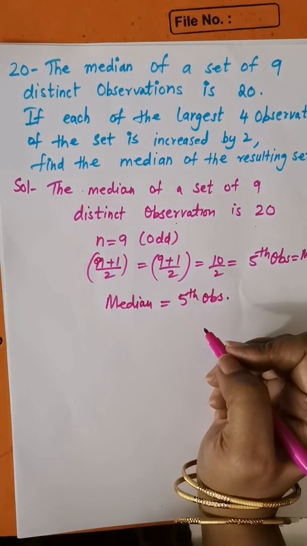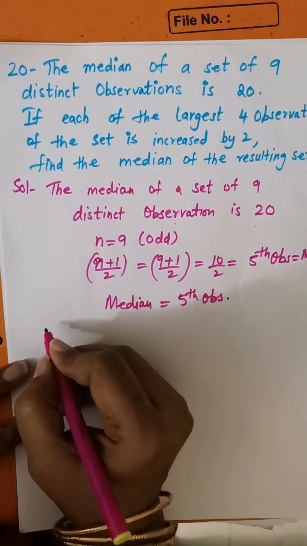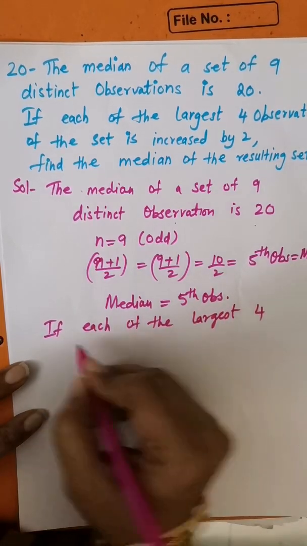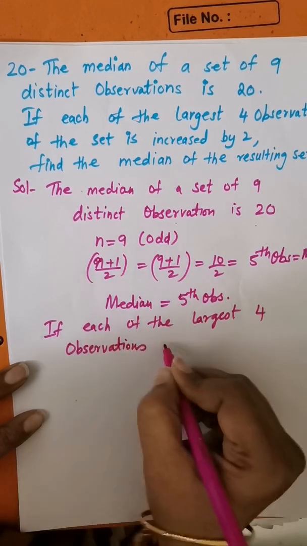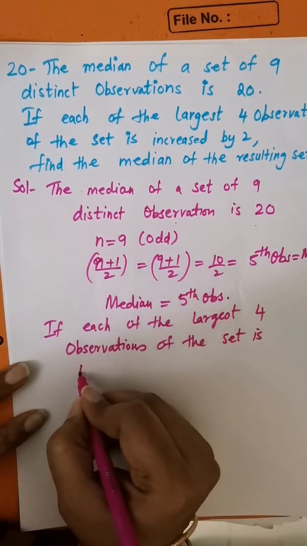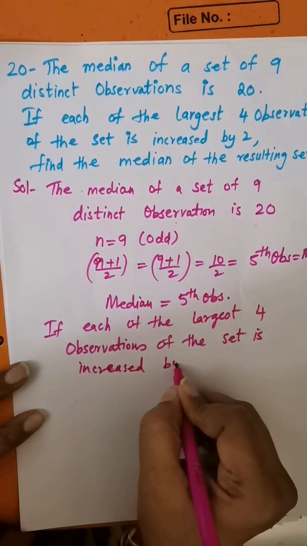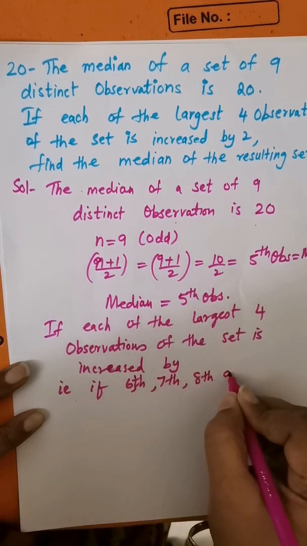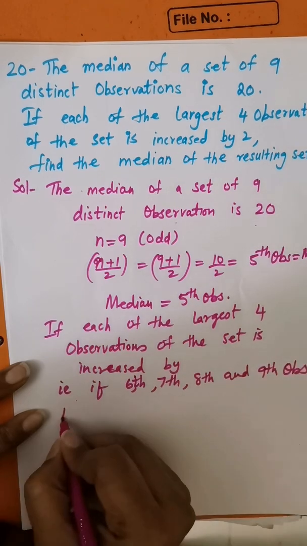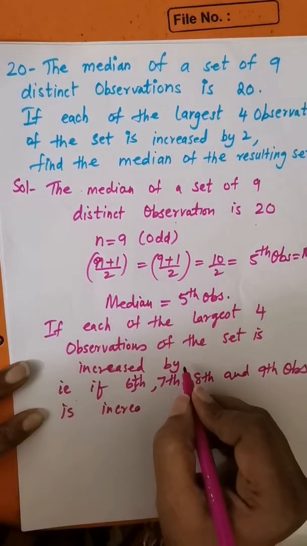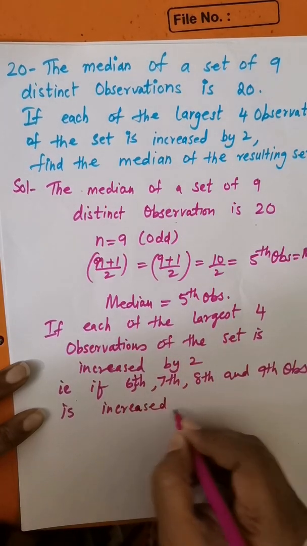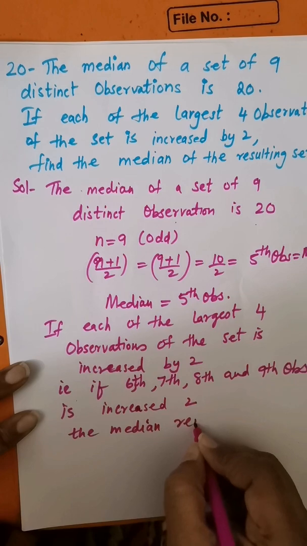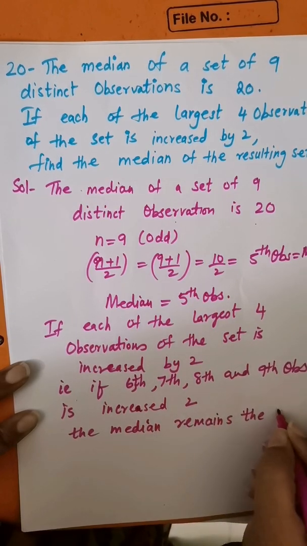If each of the largest 4 observations of the set is increased by 2, that is, if the 6th, 7th, 8th and 9th observations are increased by 2, the median remains the same.